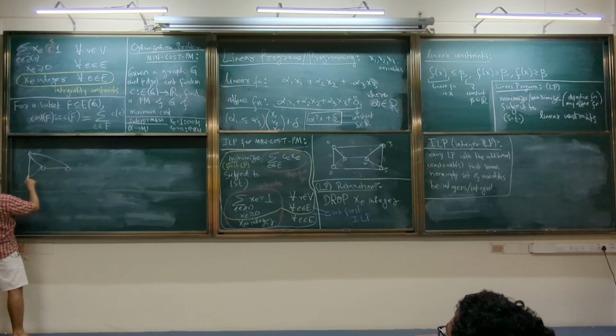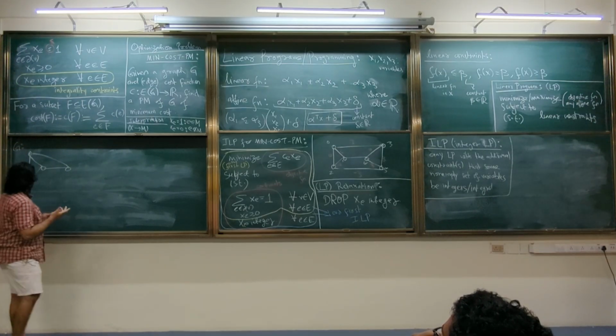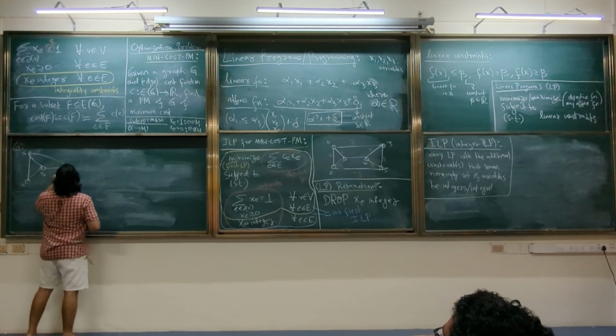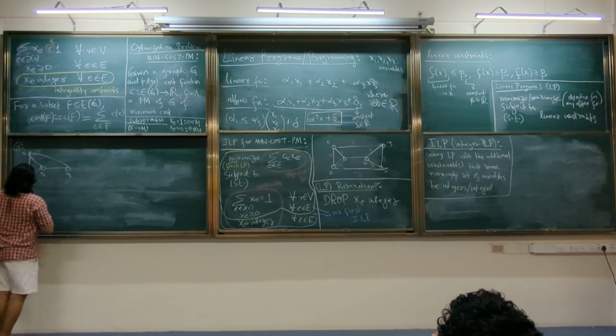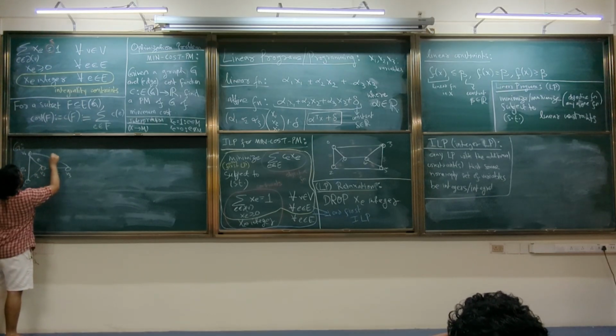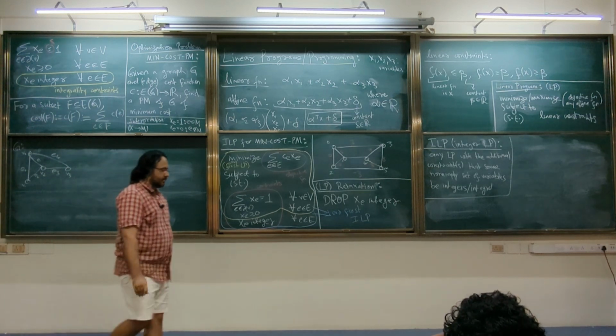So let's look at this graph here, with 4 vertices and 5 edges. We call the vertices V0, V1, V2, V3. And this time I will also label the edges: E0, E1, E2, E3, E4.